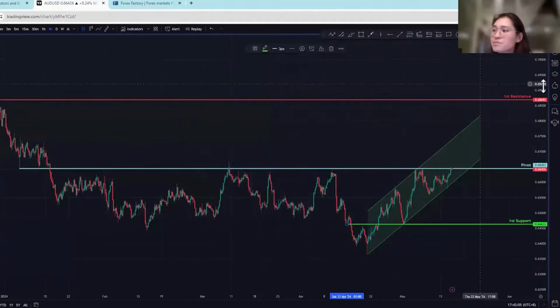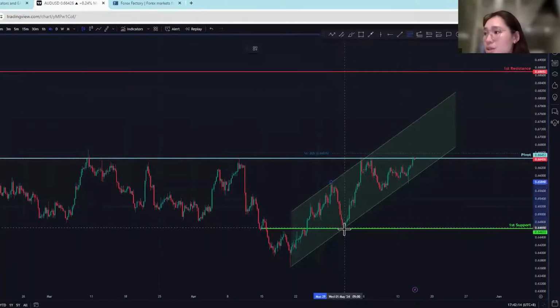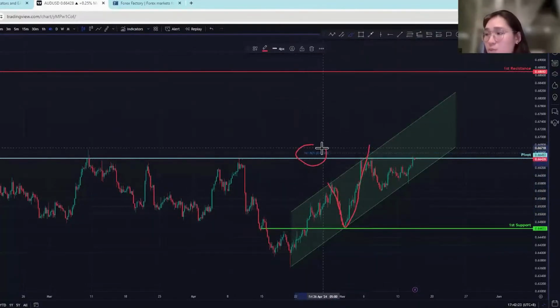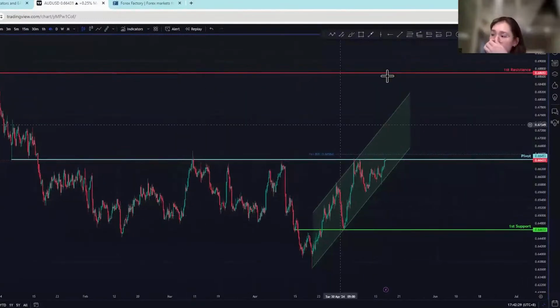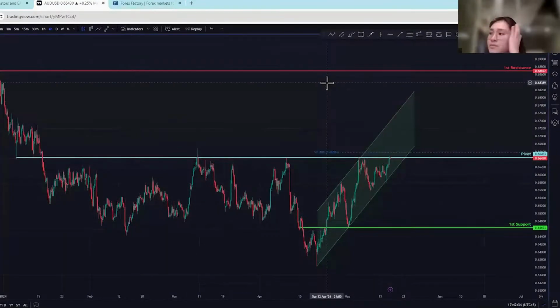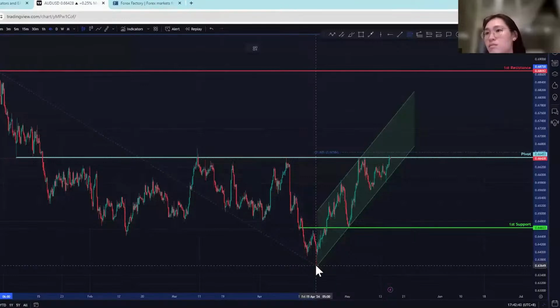Okay, now I'm going in with this tool here, which we call Fibonacci extension, and 161.8 lines up nicely with our pivot. Okay, now I'm going in with a retracement.